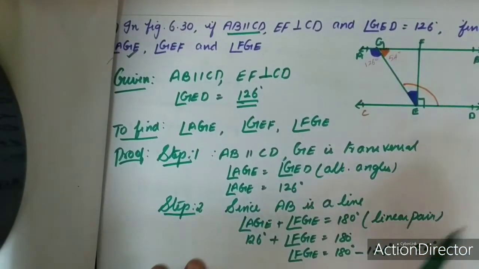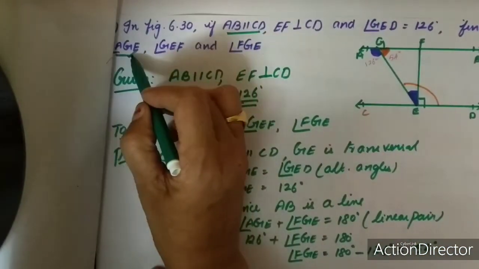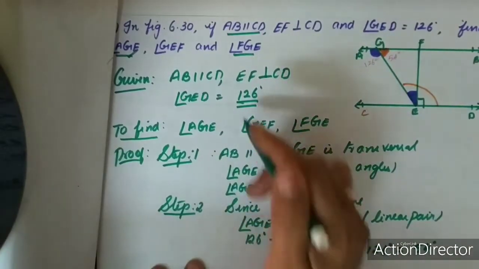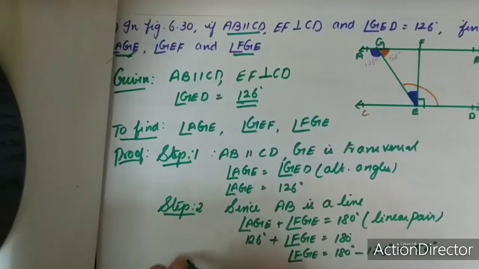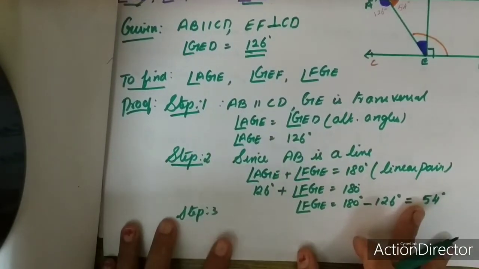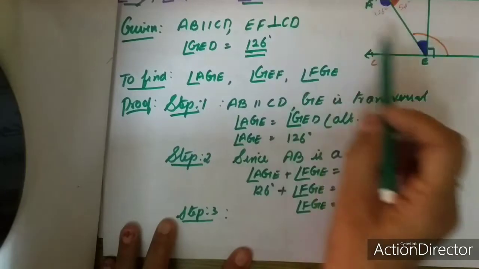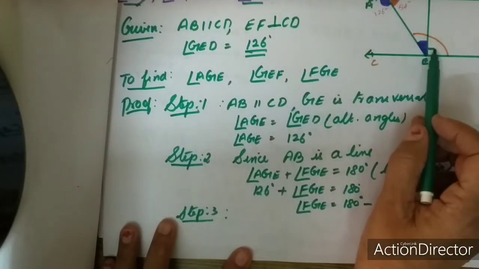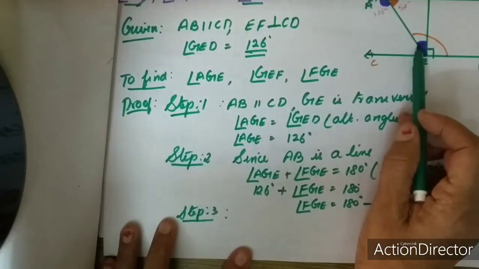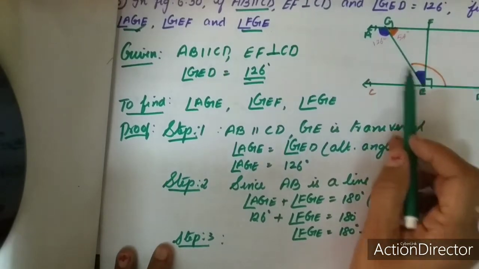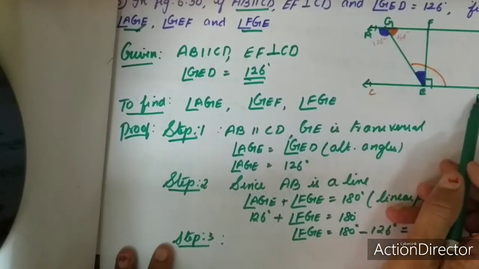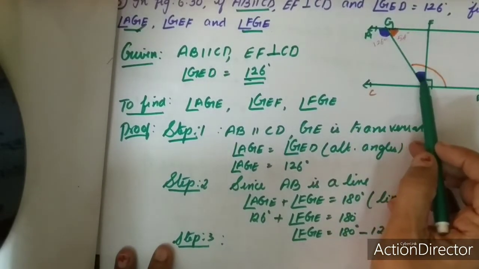Now, coming to the first, out of the given question we have found two angles. Now we have to find the third angle GEF. So we write it as step 3. In step 3, how to find GEF? This whole GED is given as 126 degree, but we are asked to find only this GEF, this blue shaded one.